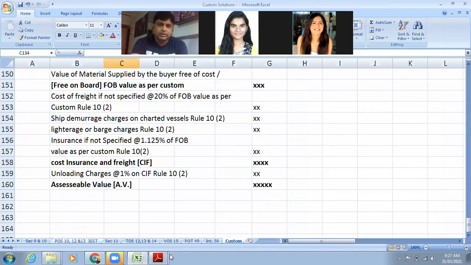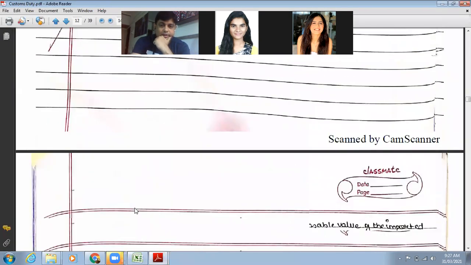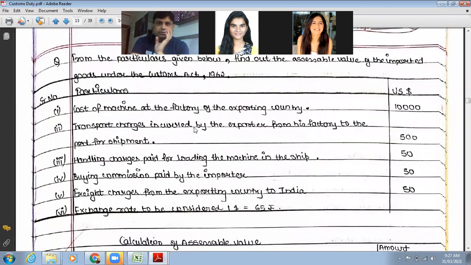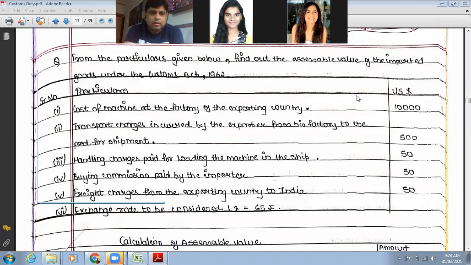Chalo. If things are clear, now let me take one question, and you are going to help me solve it. Find out the assessable value of imported goods as per Customs Act 1962. It's given: cost of machine at the factory of exporting country is US dollar 10,000.